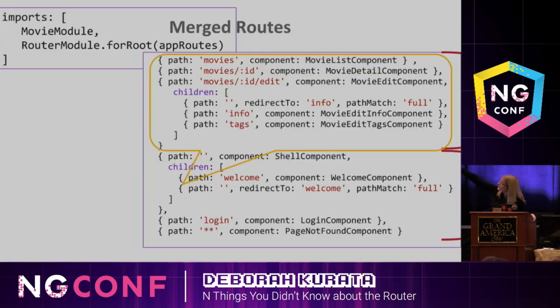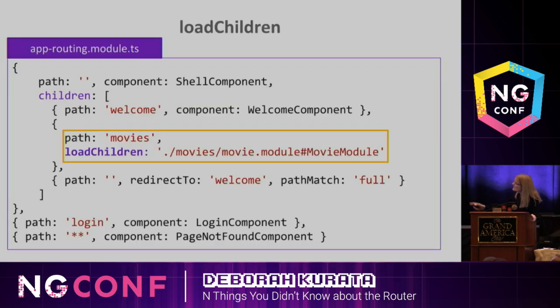If you look at these, all of our paths start with the prefix movies. Movies, movies, movies edit, movies ID, and so on. So what we're going to do here is pull that movies path off, specify it, and notice here we're right in the correct place, right under our shell component as part of the children. And we're going to specify loadChildren, which is telling it to do lazy loading, and we give it a string.